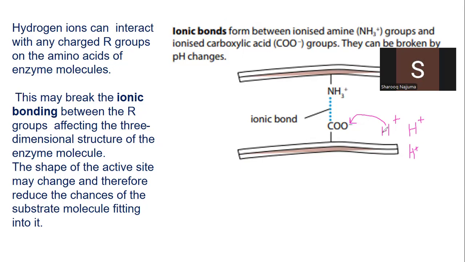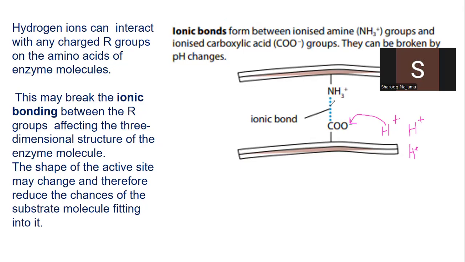If a hydrogen ion comes and interacts with this group, it means this bond is going to break. So the major bonds affected are the ionic bonds. And remember, these bonds are responsible for holding the enzyme in its shape.